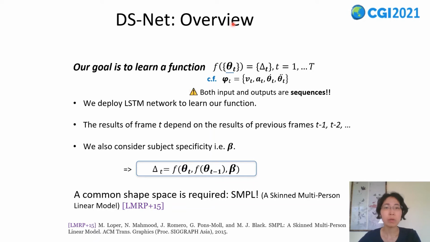In our work, we model the dynamic skin deformation as sequence data. We deploy a recurrent neural network, notably an LSTM network, to learn a function that takes a sequence of pose vectors as input and outputs a sequence of skin displacements.